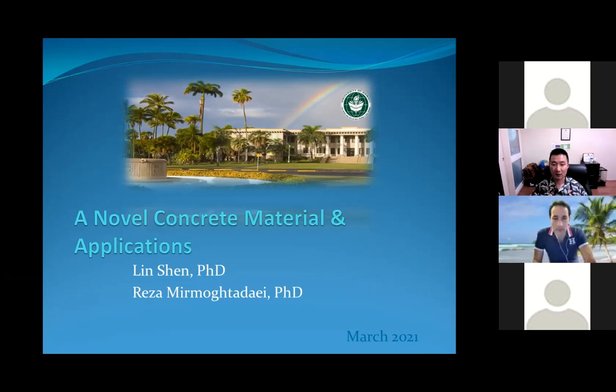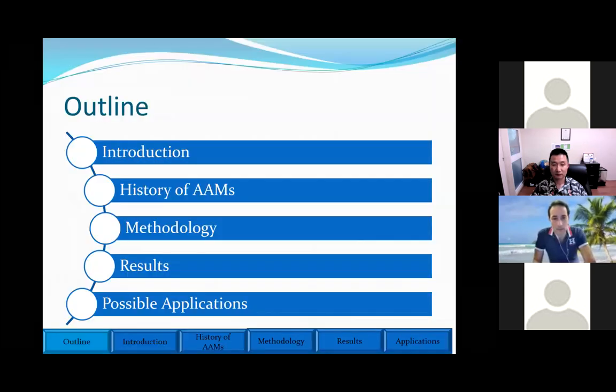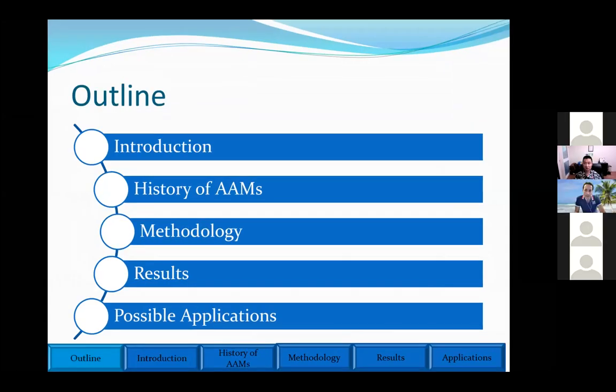Today I'm going to start with an introduction, a history of this material, the methodology we use in our study, and some results that we've got already. We are also continuing working on this type of material and its properties, and then some possible applications for this novel material.